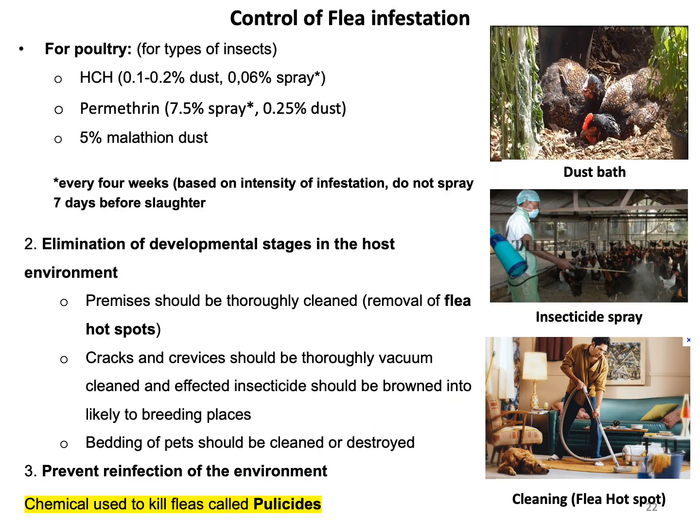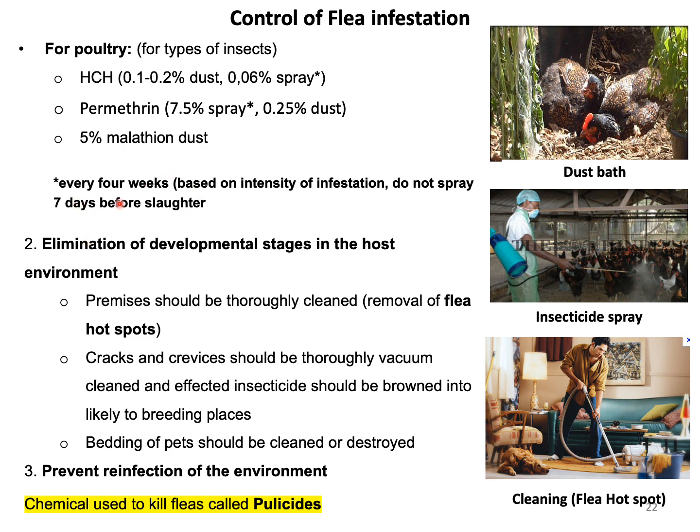So the next one is for poultry. What sort of insects are available in the farm or infesting the poultry? Depending on the situation, spray or dusting can be used. The popular one is hexachlorocyclohexane. It could be used for dusting as well as for spray directly on the floor, on the farm premises, or on the birds.